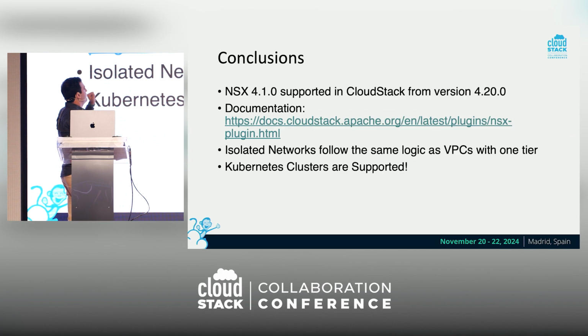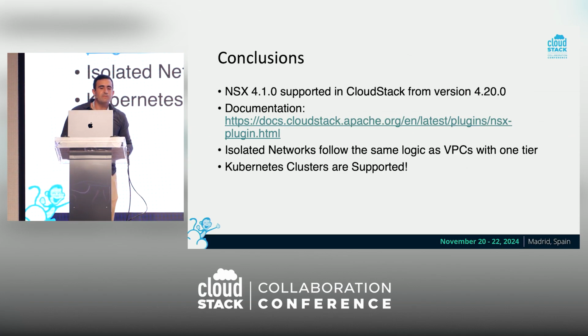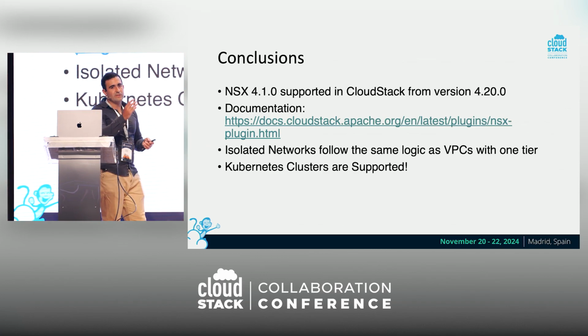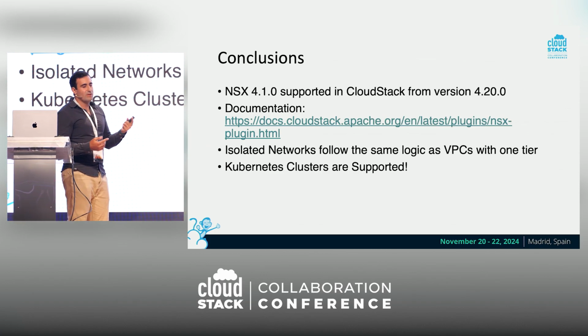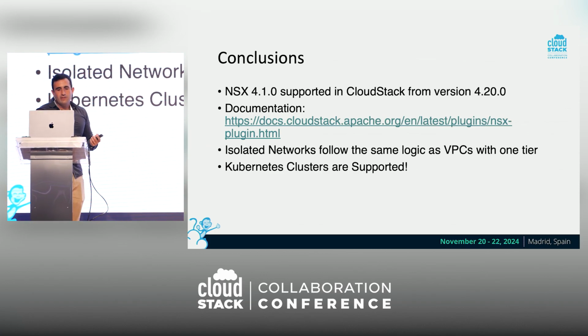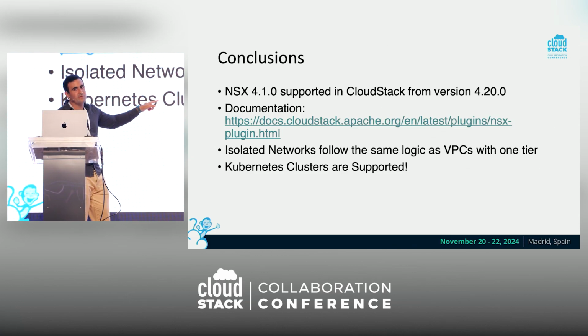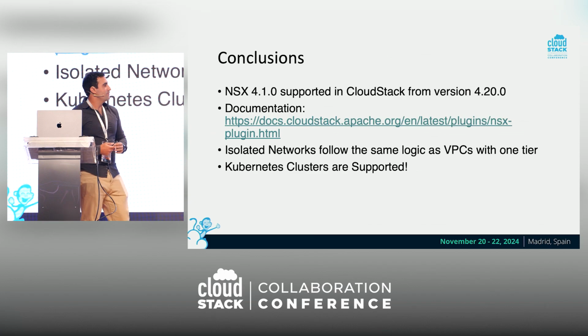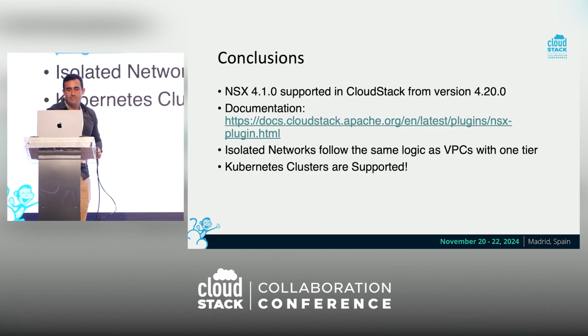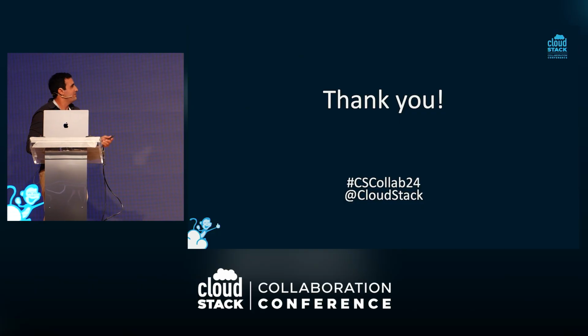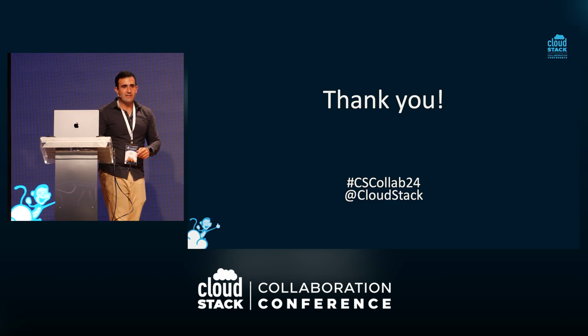But yeah, take a look. And we have also added support for isolated networks, which follow the same rules as VPCs with one network tier. And finally, but not the least, CKS is supported on VPCs. So give it a try. And yep, that's been the talk. So.